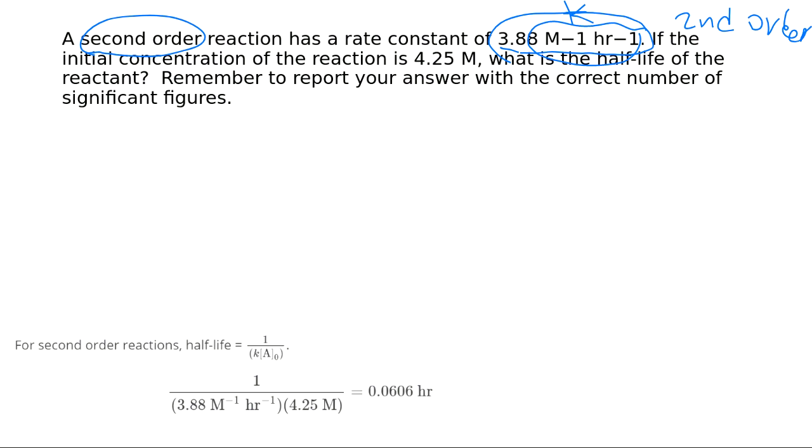And then this is talking about half-life. What is the half-life for second order? The half-life for second order is going to be 1 over K A0.